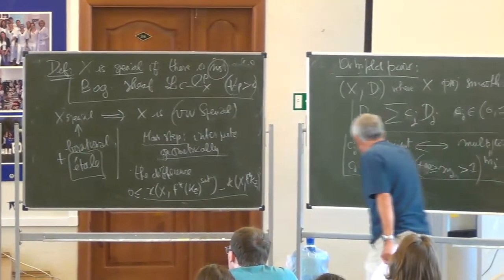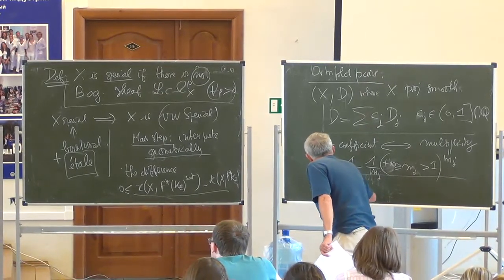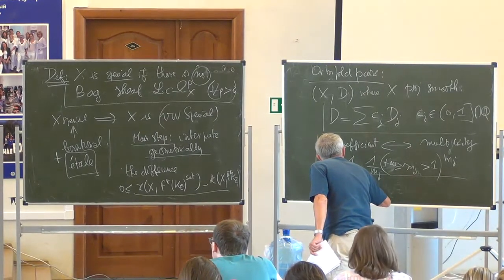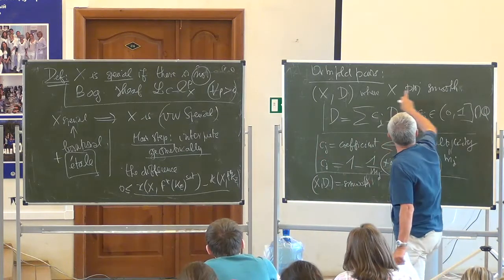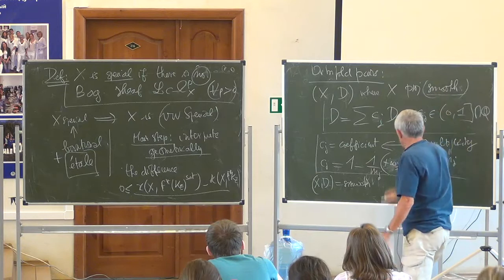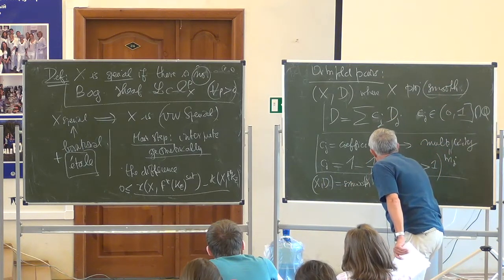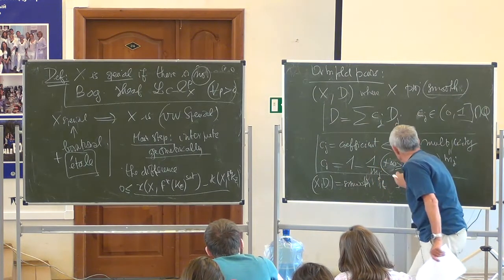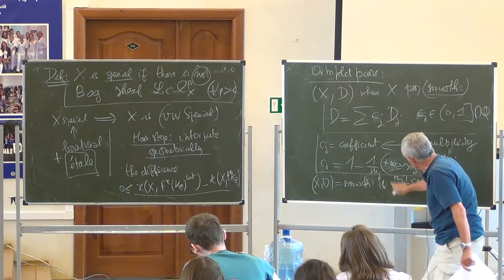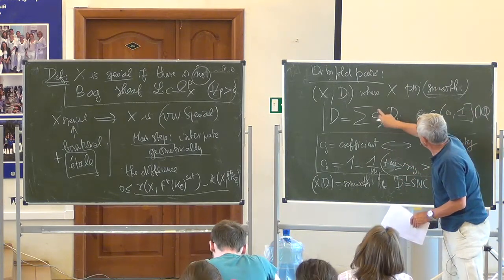And so there is a special case. I say that (X, D) is smooth if it is, say, log smooth. This means that X is projective, let me assume smooth, and this is smooth if the support of D is SNC. So the round-up of D is SNC, which means that you replace the coefficients by 1.